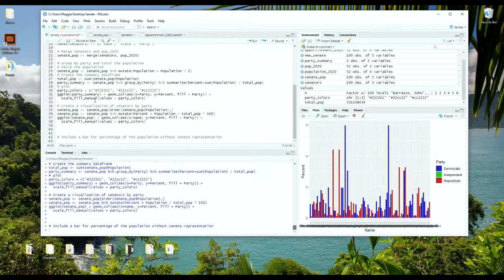Okay, I reran the whole thing just to get us back to where we were, and I think that because it's been ordered already, that right here, maybe I can create the names into a factor and order by the names factor that's already there.